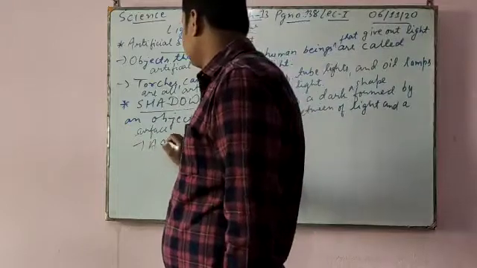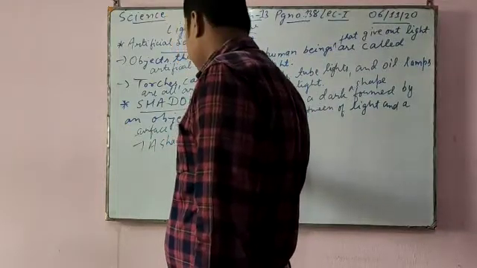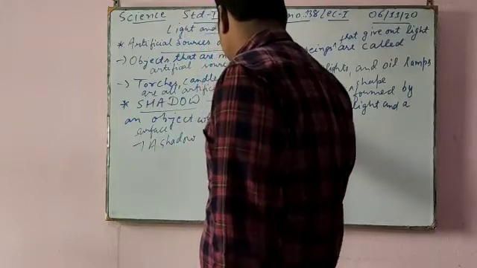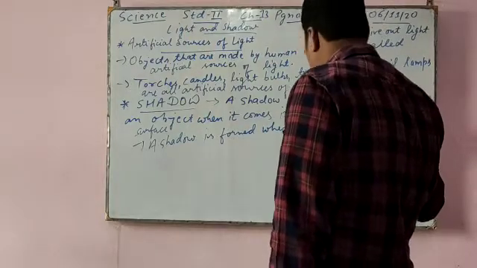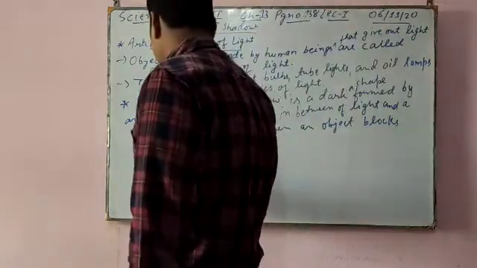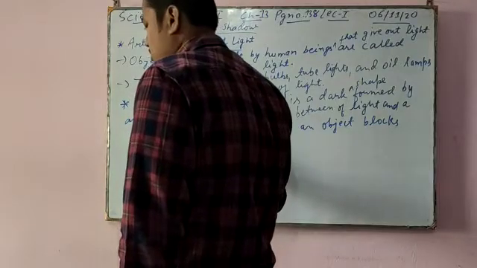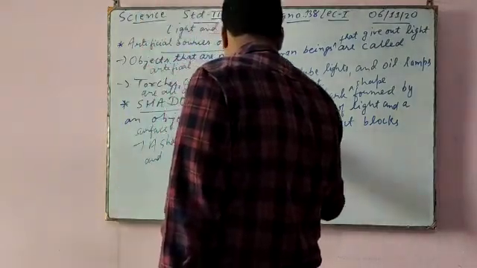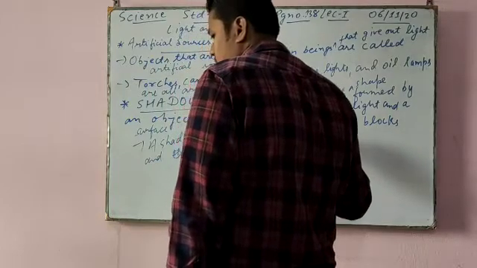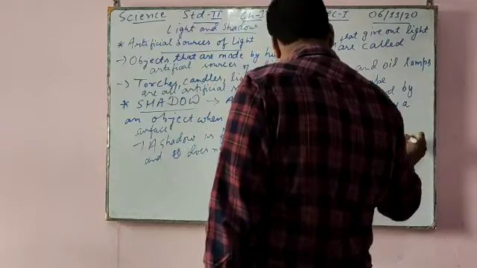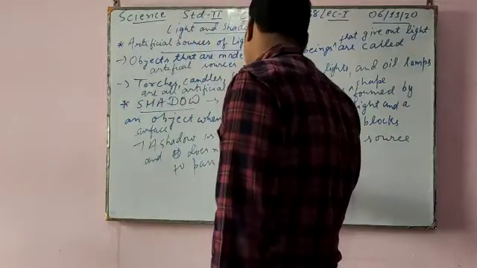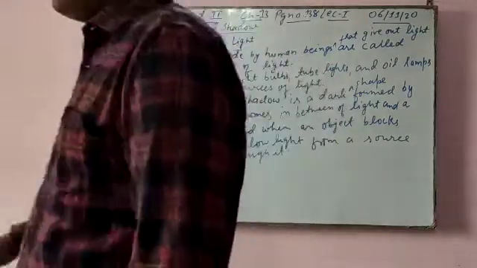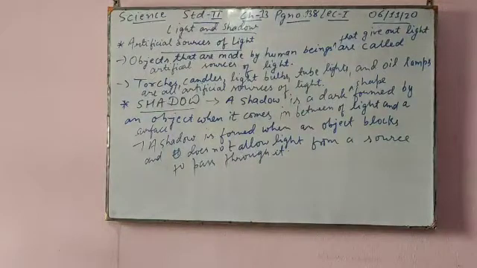So a shadow is formed when an object blocks and does not allow light from a source to pass through it. When an object does not allow light to pass through it, then a shadow forms.